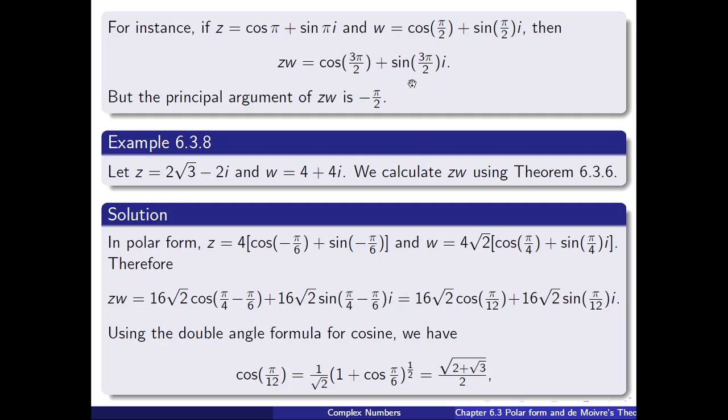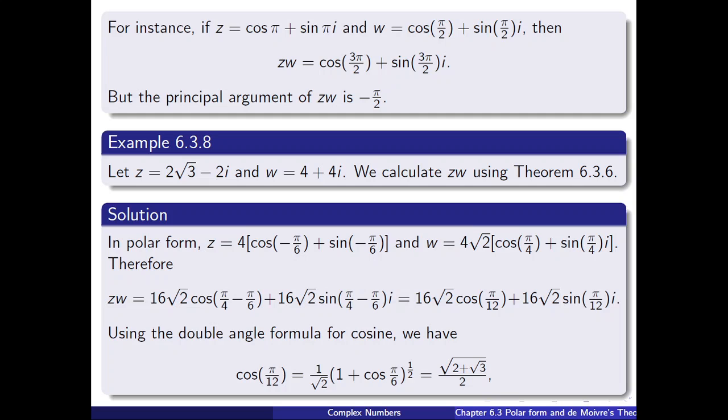But 3 pi over 2 is out of the range between minus pi and pi, so we end up with a principal argument which in this case becomes minus pi over 2, which is different from what we got just by straight addition, right?